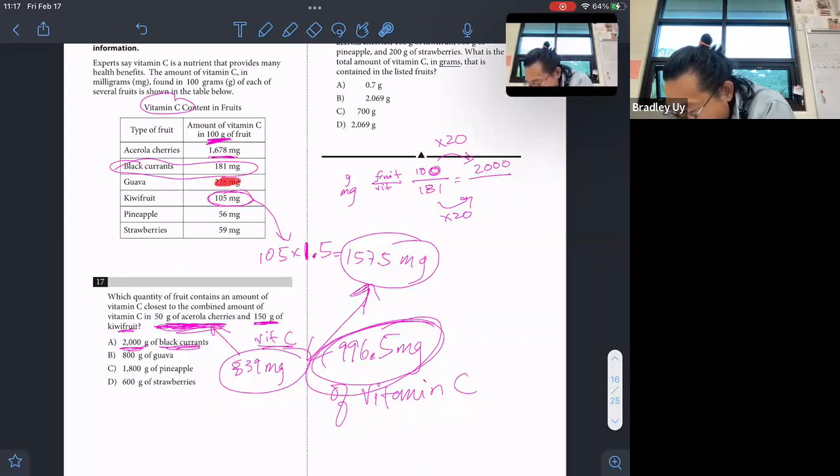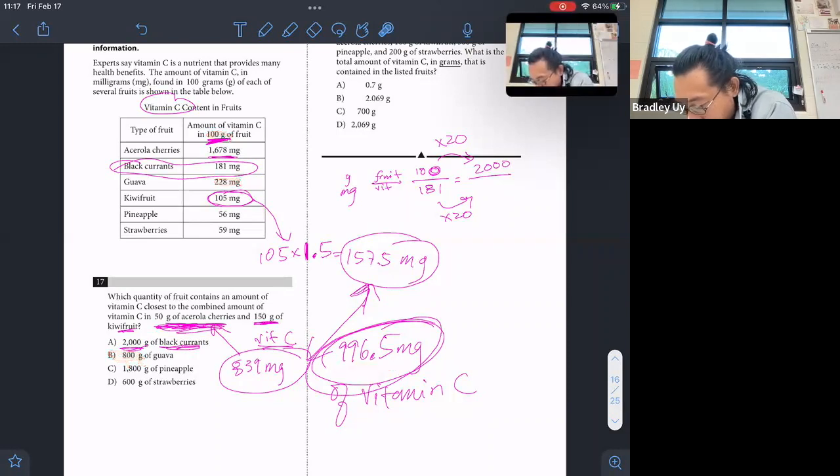Let's move on to guava. That's how many milligrams of guava are in 100 grams of fruit. This is asking us for 800 grams of guava, so I would take 8 times 228. 8 times 228 is not 996. That's going to be over 1,600 milligrams.